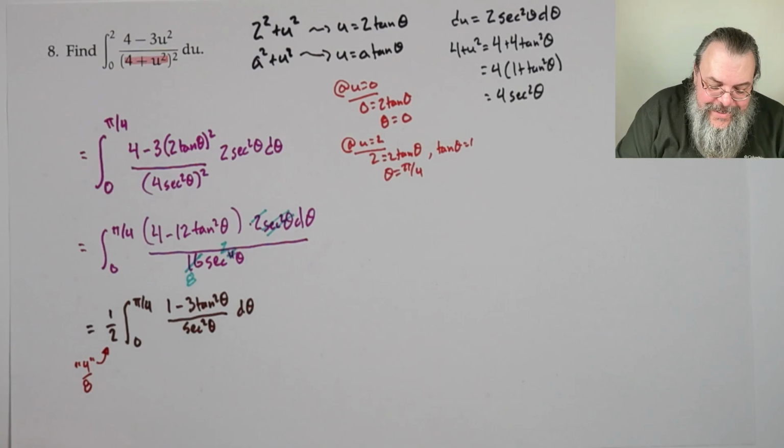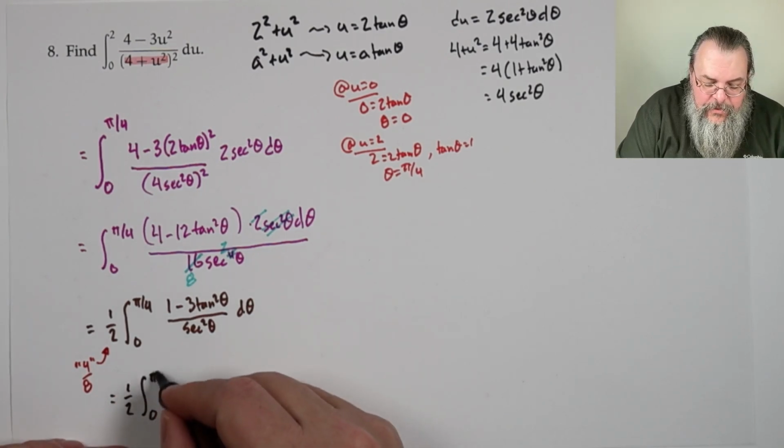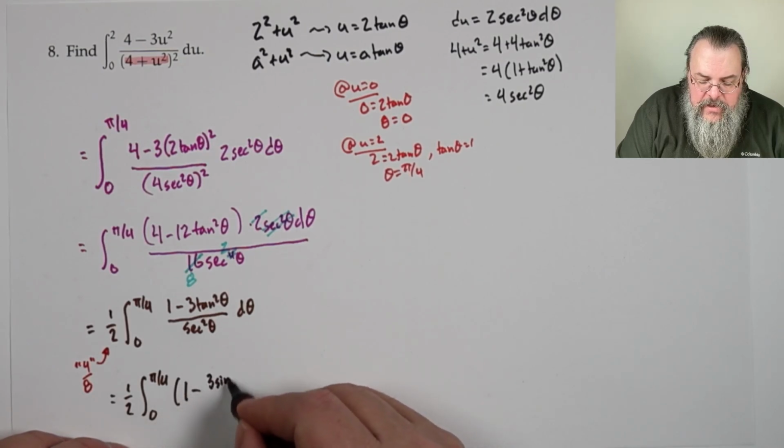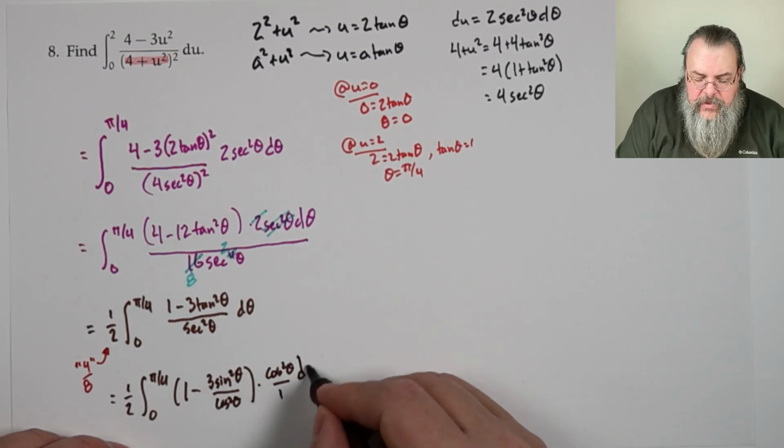Nice. So this becomes 1/2 integral 0 to pi over 4, 1 minus 3 sine squared over cosine squared times cosine squared over 1 d theta.